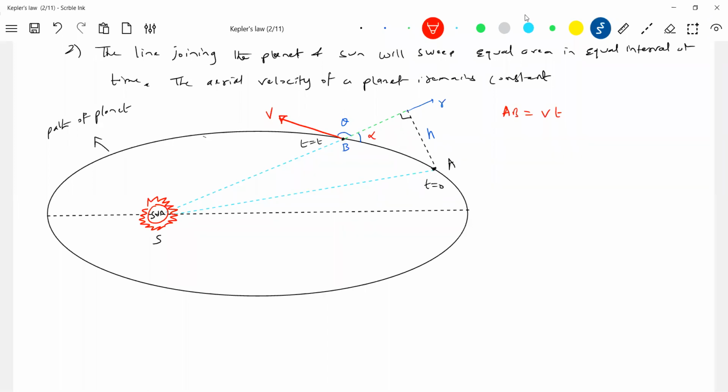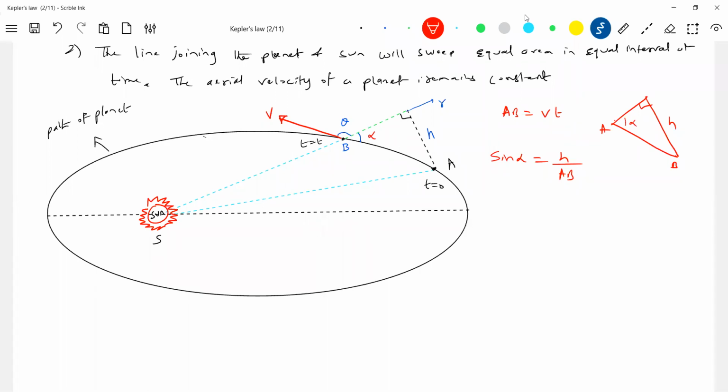From the triangle, this is AB, this is h. What is sine alpha? We can write it as h by AB.